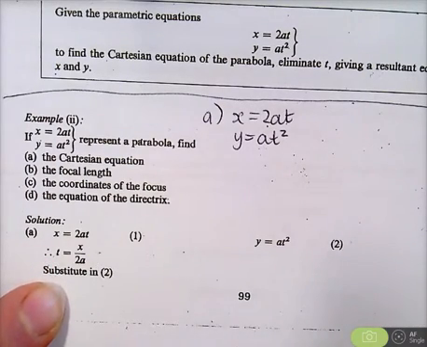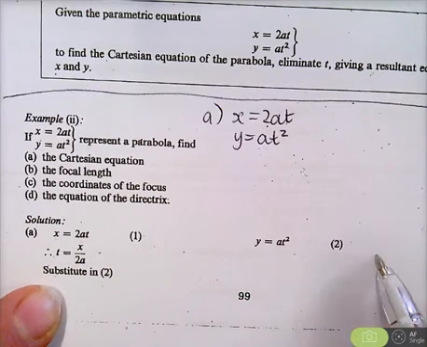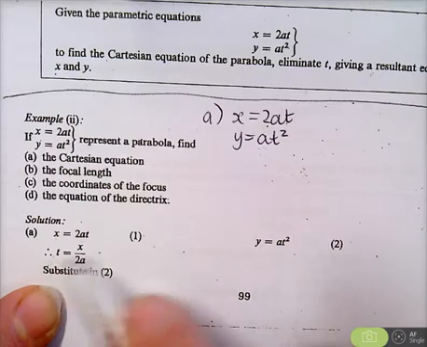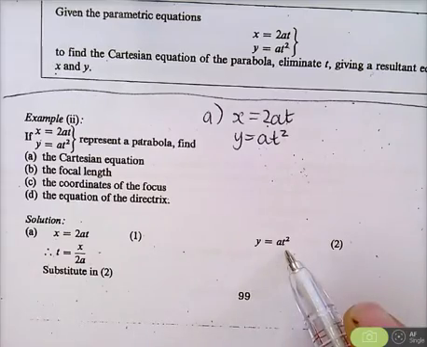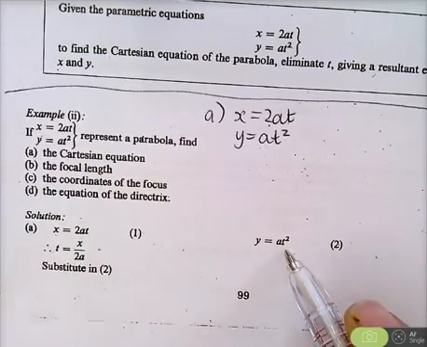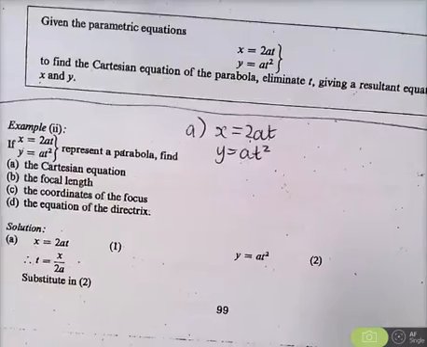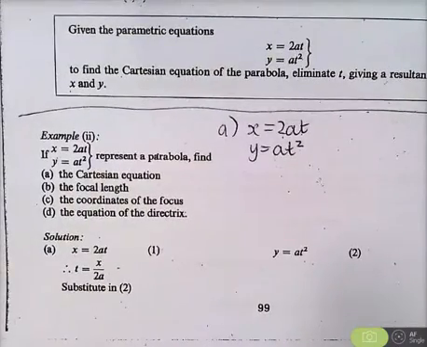So you write x is 2at equation 1, y equals at squared equation 2. Rewrite equation 1 as t is x on 2a. We'll substitute it in.